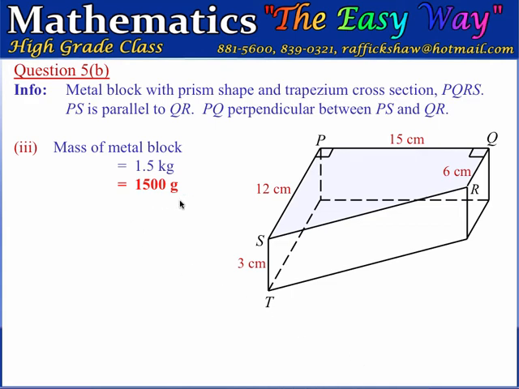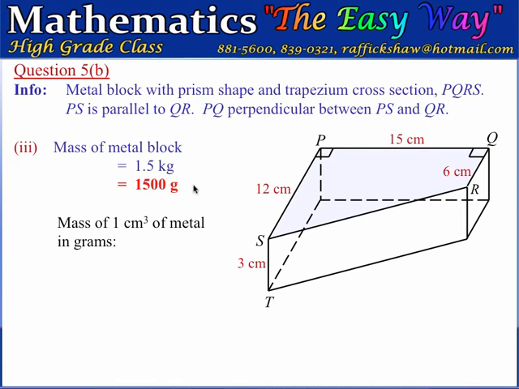And we are now asked to state what the mass of 1 cm cube of the metal in this block would be, and we have to give our answer in grams. That is, what would be the mass of 1 cm cube of the metal that is used in the block?